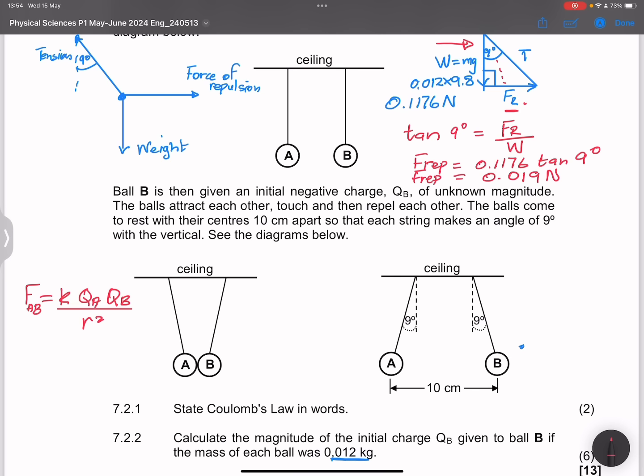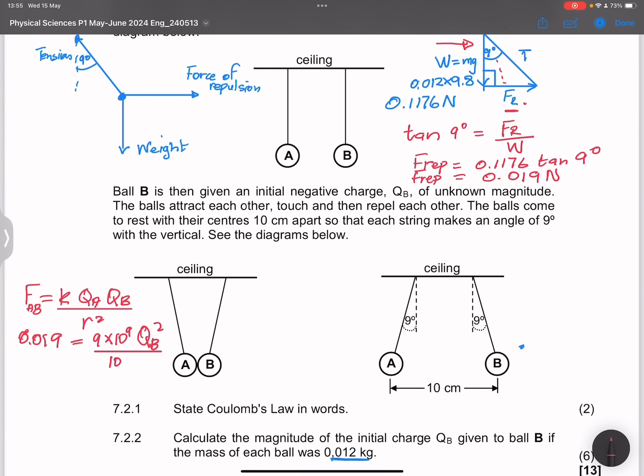So which means the charge of A should be equal to the charge of B. So in this case, I know that the force that they have is that 0.019. I'm just going to take that 0.019, that's 9 exponent 9, right? I'm going to say charge of B squared, because charge of A and B are the same, divided by their distance. The distance is 10 centimeters.